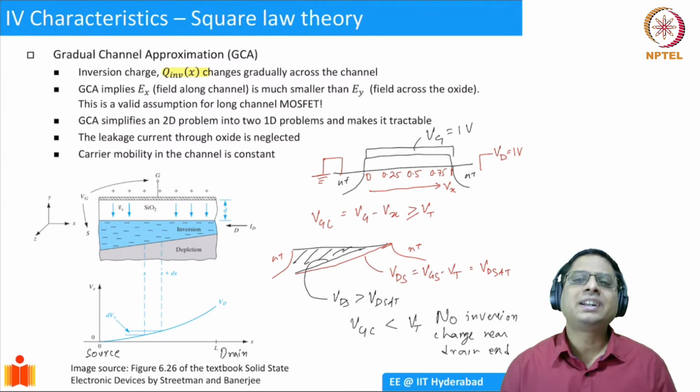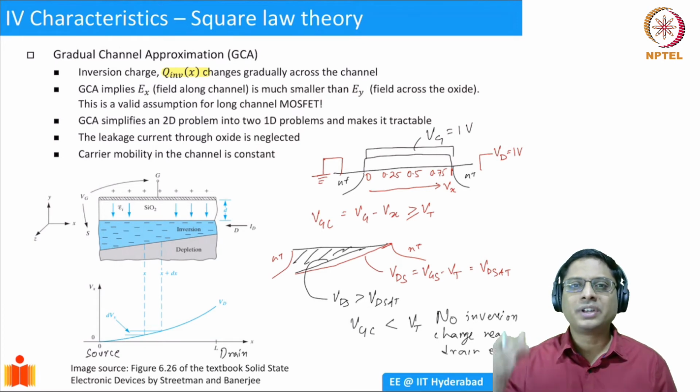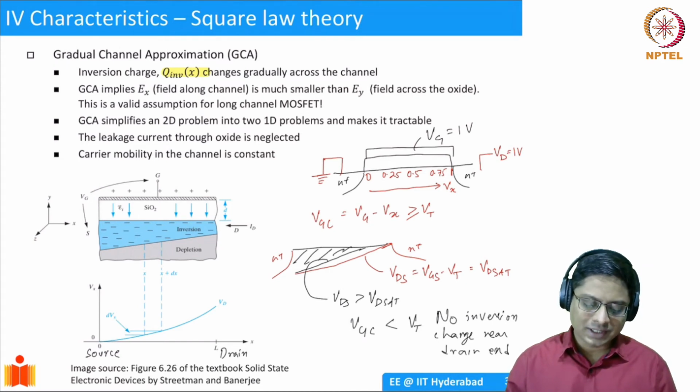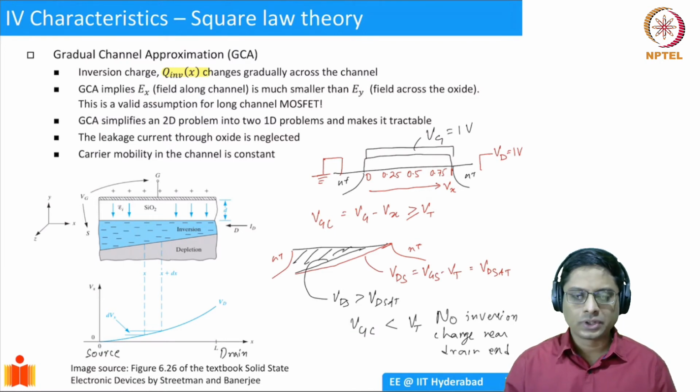It's a very reasonable approximation. Remember, what is the gate oxide thickness? Maybe 10 nanometers, 5 nanometers, right? So the fields are going to be very large compared to channel lengths, which are maybe tens of nanometers. So when you compare with the channel length, it's definitely true that the vertical field across the oxide is much stronger. So this makes sense.